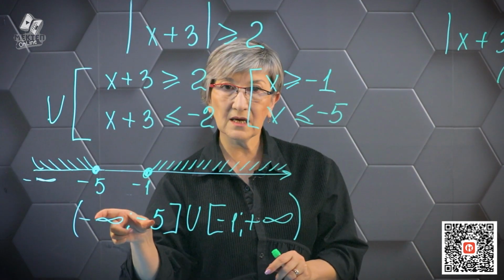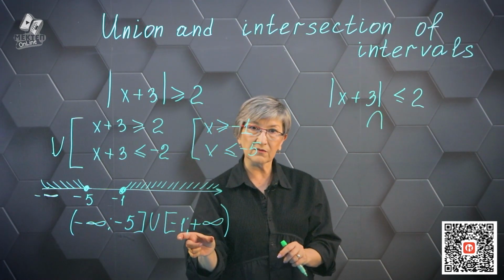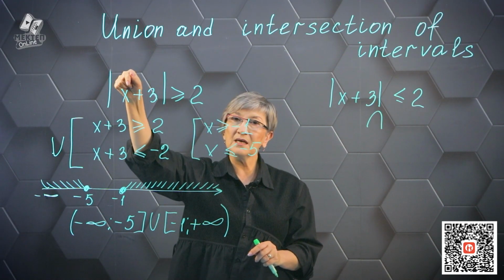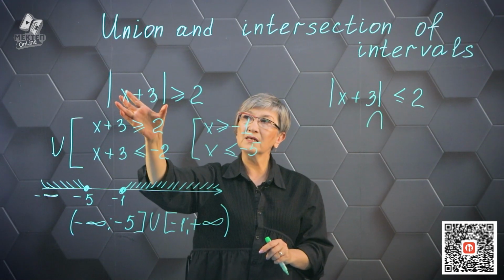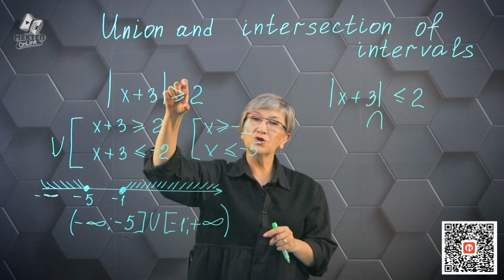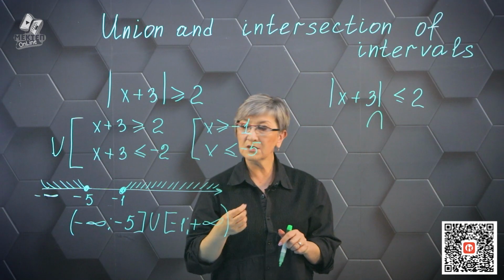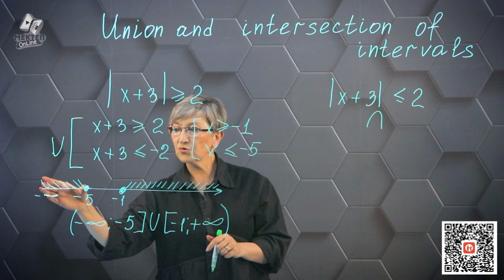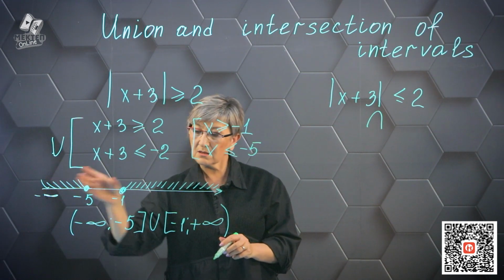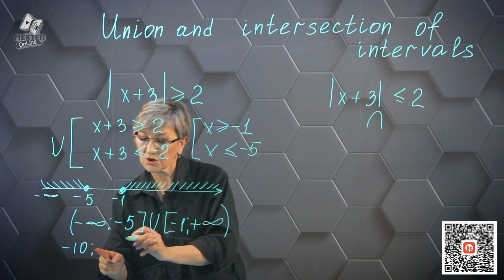So if I take any number from these two intervals and substitute it instead of the variable x, then I have the following condition. Now, the expression will be greater than or equal to the number 2. Let's take a look at one of these numbers. The interval from minus infinity to minus 5 contains the number minus 10. Let me write down the number minus 10, and we're going to check this number.